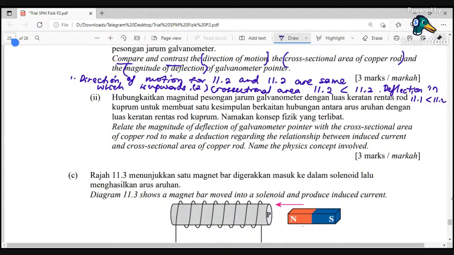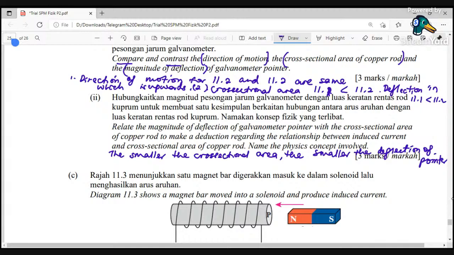So you can see 11.1, this one 11.1. Cross-sectional area in 11.1 is smaller, deflection smaller. Okay, so now the first one: the smaller the cross-sectional area, the smaller the deflection of the pointer.